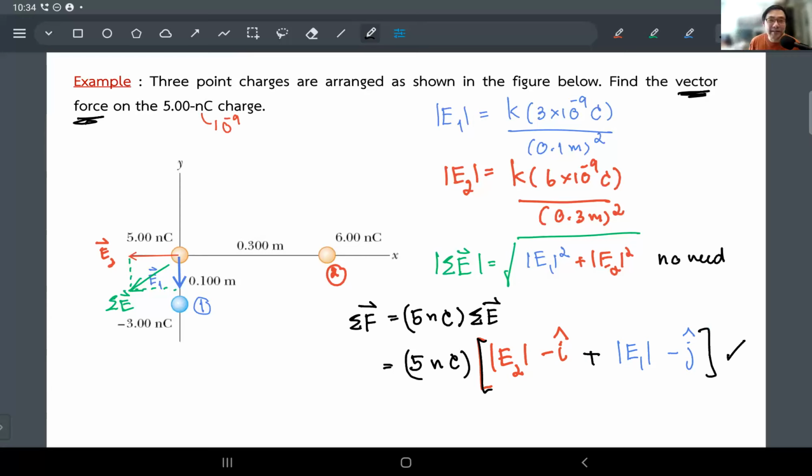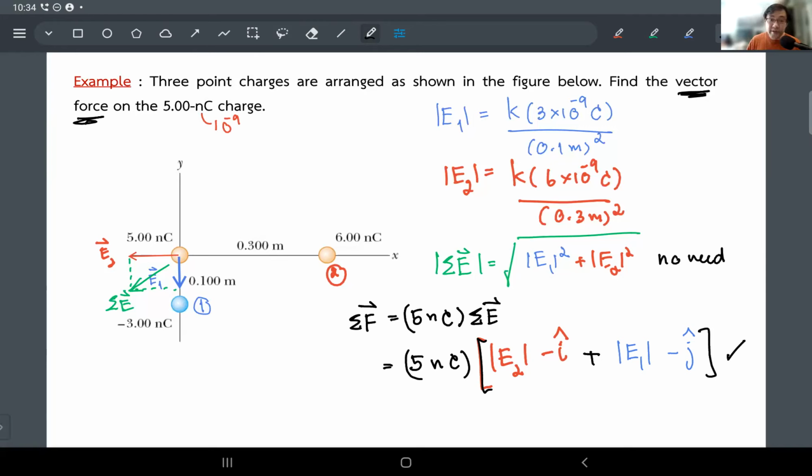I didn't want to do the numerical calculations and everything, but that's what it is. As long as you just want the vector force, you don't need the Pythagorean theorem because they are not asking you for the magnitude. You can just leave it as is, because one is pointing in the x direction and the other in the y direction, so you can use the ij notation to represent your final vector.